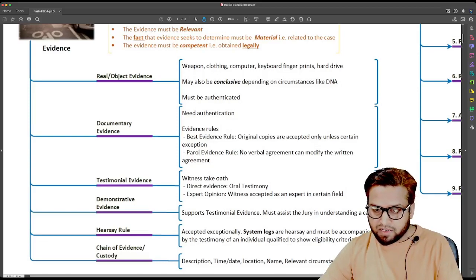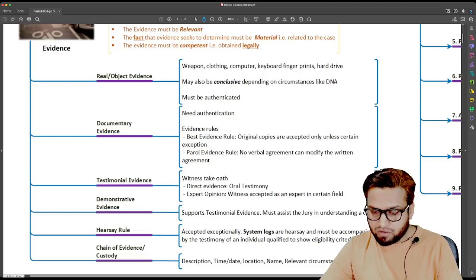And what is the parole evidence rule? The parole evidence rule says that if there is a dispute between two people and they actually documented some sort of agreement between them, and now the dispute is on that agreement, and that agreement was documented, it qualifies for the best evidence rule.